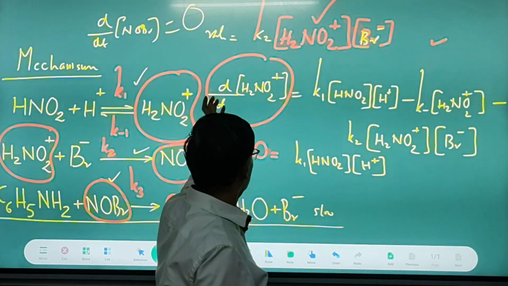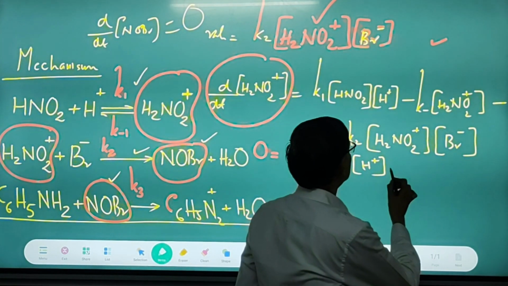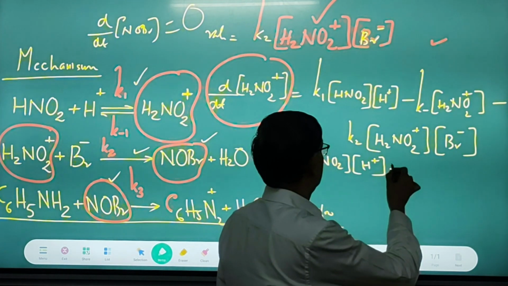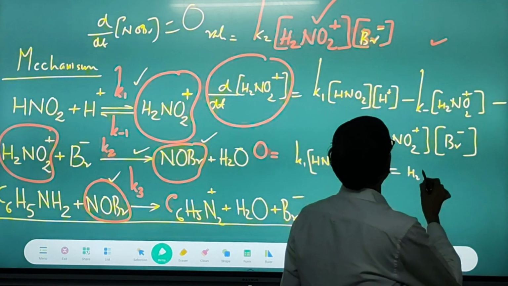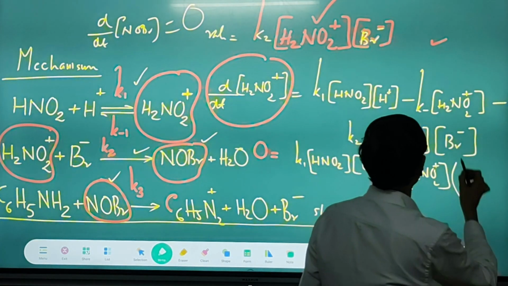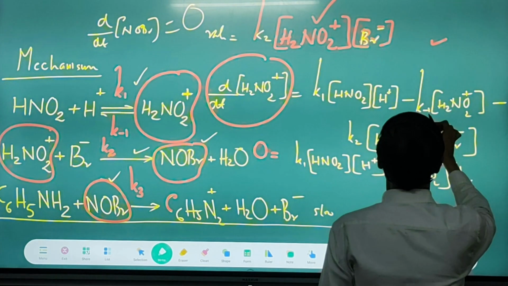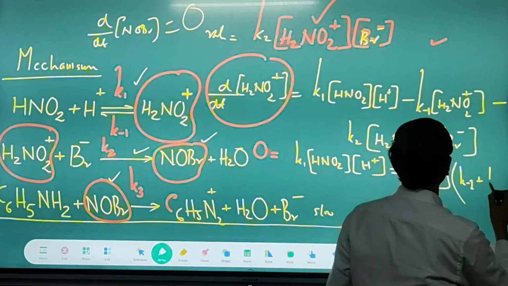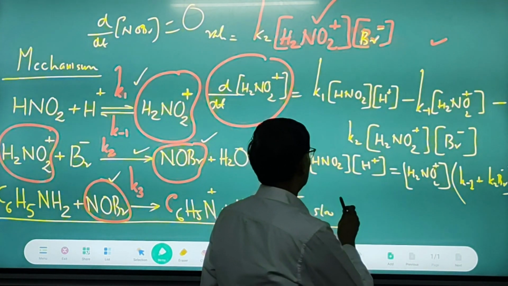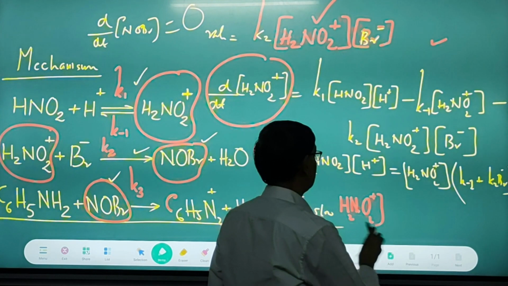If the left hand side is 0, we can write K1 HNO2 H+ is equal to, because H2NO2+ is common, K inverse 1 plus K2 Br- times H2NO2+. So you can directly write H2NO2+ the intermediate.